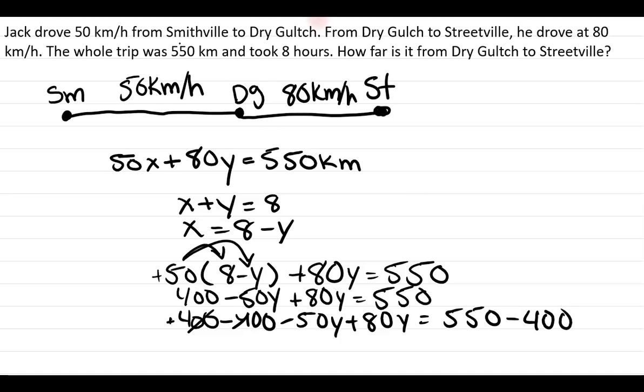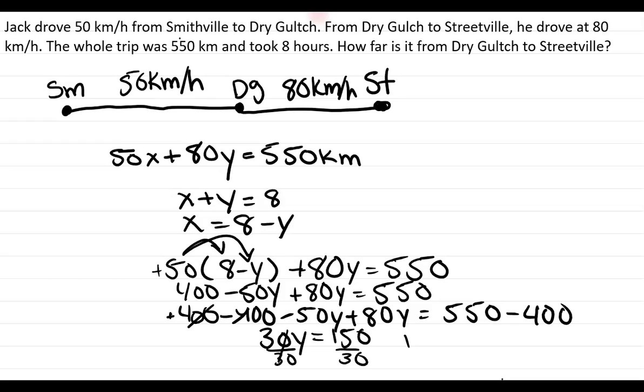Now we have negative 50Y plus 80Y, which gives us 30Y, set equal to 550 minus 400, which is 150. Divide both sides by 30, and these two cancel out because they make a 1. 150 divided by 30 is equal to 5, so Y is equal to 5.